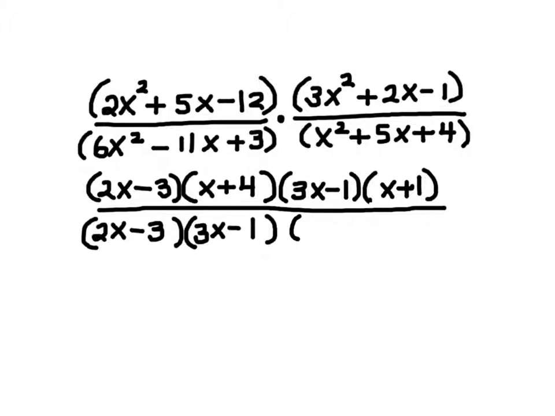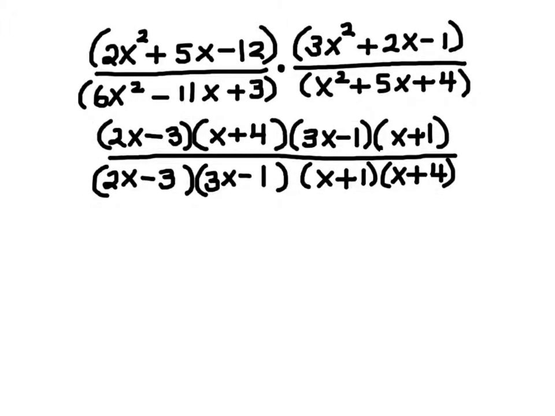And this one is x plus 1 times x plus 4. This is probably the easiest one to factor because the lead coefficient is 1. And so we just need to find two numbers, 1 and 4, whose sum is 5, whose product is 4.